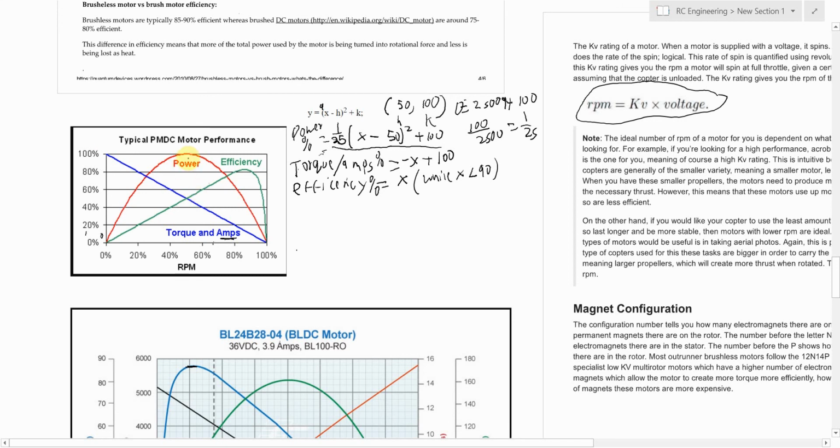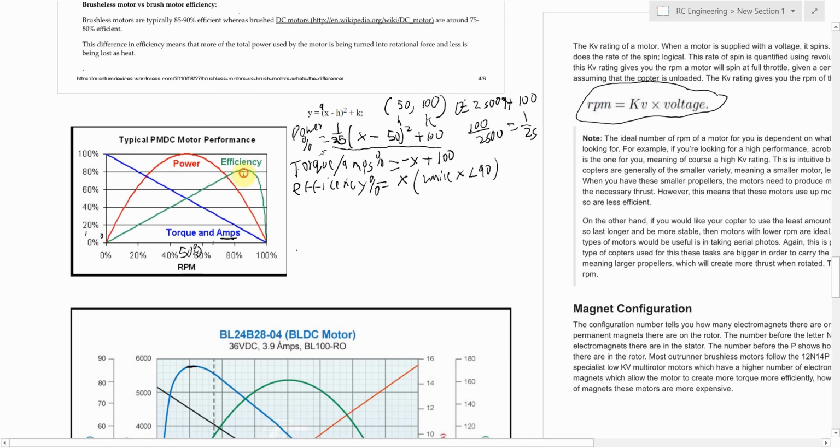And we see that we're hitting max power at about 50% RPM. 50% RPM and 50% torque and amps, and also 50% efficiency. That's when we're hitting max power. Now let's look at efficiency.